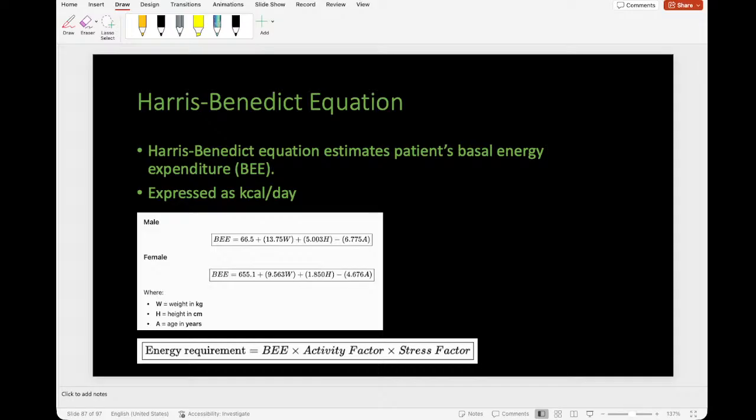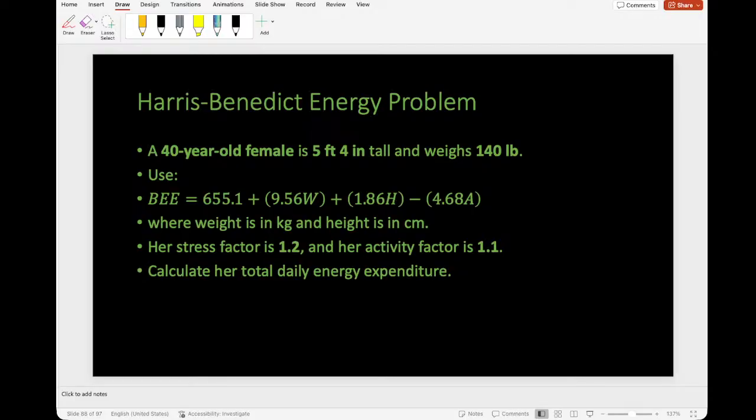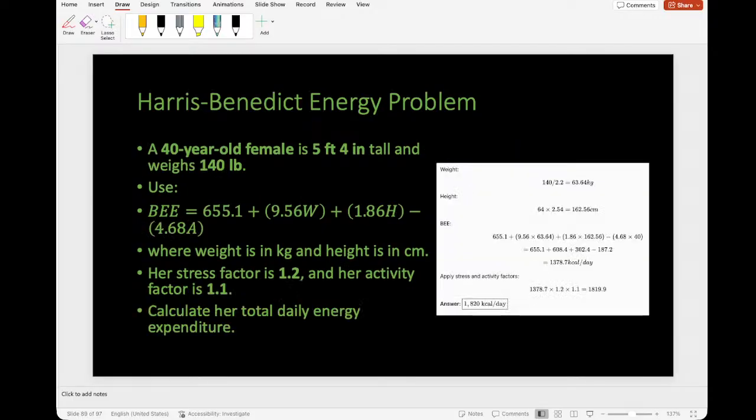It's just too many values to memorize. This is one of those formulas that's probably going to be given to you on a test. You'll probably have to know that you multiply the activity factor and the stress factor to calculate the energy requirement. And there's a question here that uses that formula.